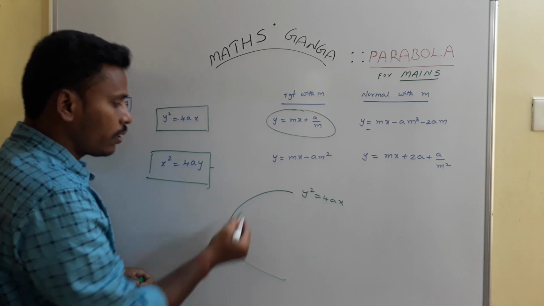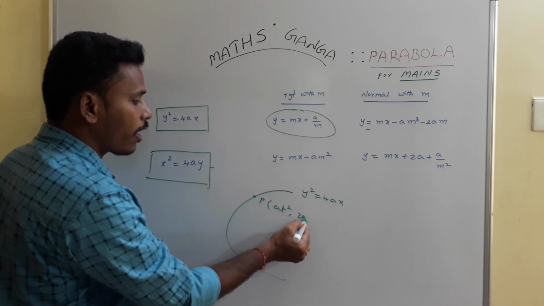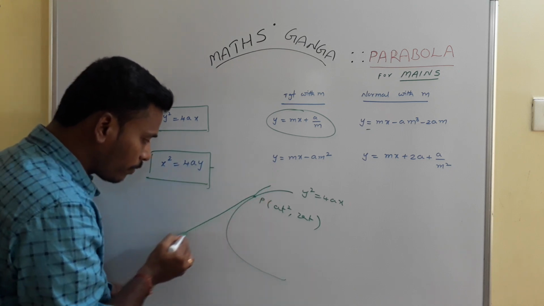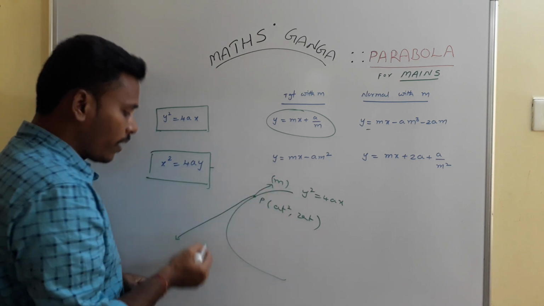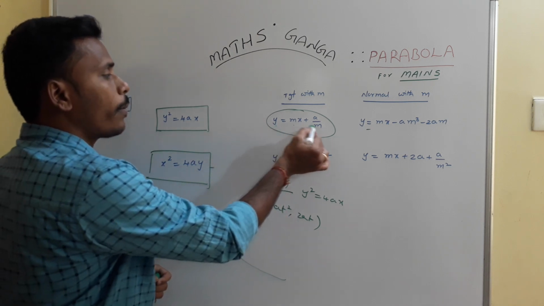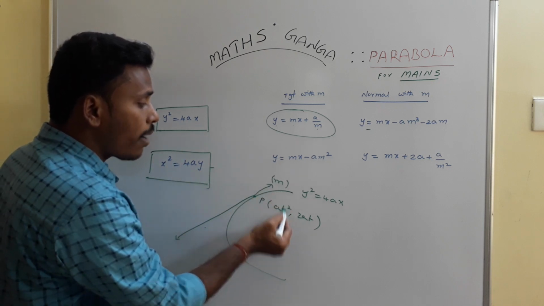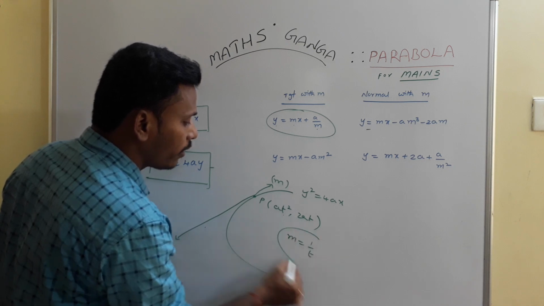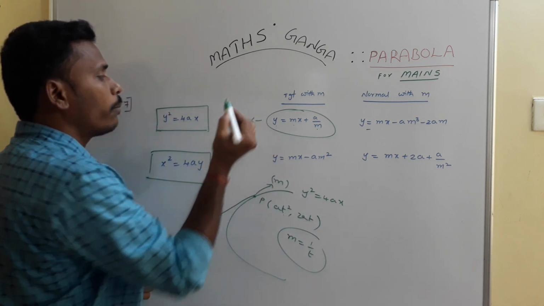At a point P, say an arbitrary point like (at square, 2at), if we have a tangent at this point, and the slope of this tangent is m, then its equation is y is equals to mx plus a by m, and the connection between the slope m and t is given as m is equals to 1 by t. We need to memorize that m is equals to 1 by t.